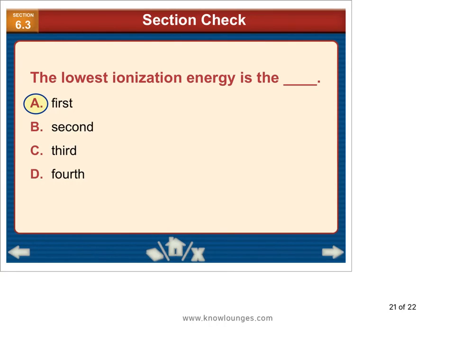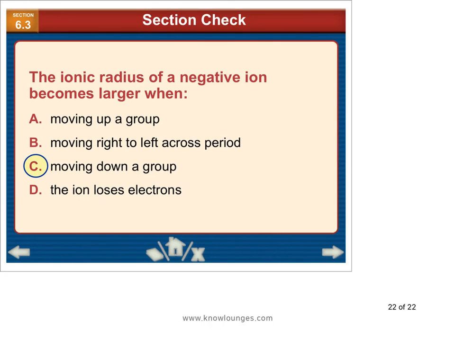So, a couple quick review questions. Make sure you understand the answers here. With ionization energy, first is lowest, because the second ionization energy is going to be more, the third more, the fourth more. So, lowest first. The ionic radius of a negative ion becomes larger when? If you're moving up in a group, ionic radius is going to become smaller.